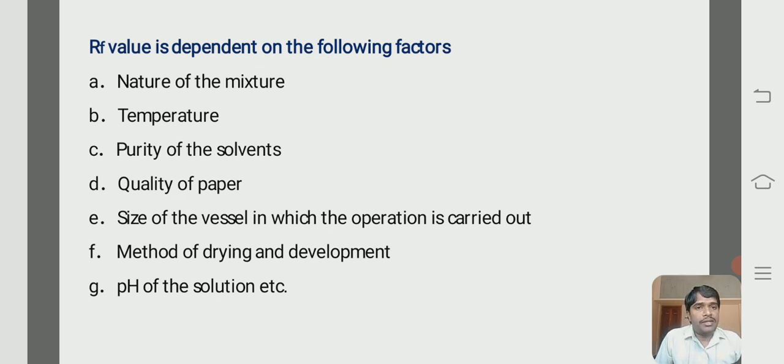Different qualities of paper are available, so this technique depends on the quality of paper which you are going to take for the separation of a mixture of components. Size of the vessel in which the operation is carried out, that is the size of the beaker, and the method of drying and development. After the movement of the solvent as well as the components through the filter paper, we have to dry that filter paper. It also depends on that drying and development, and the pH of the solutions, etc.